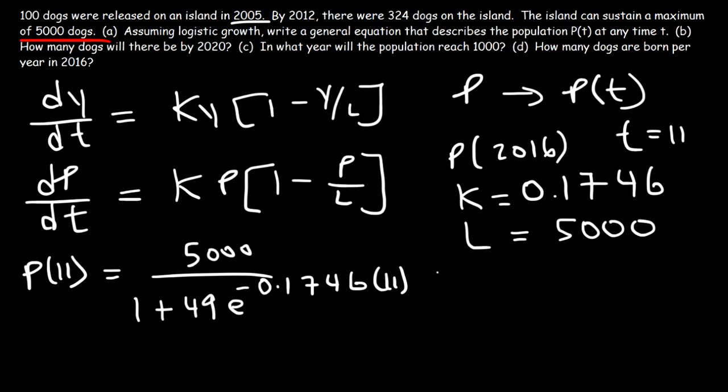And then E raised to that number is 0.14652 times 49 plus 1, that gives you 8.1794. And 5,000 divided by that number is 611. So that is the population in 2016. It's 611 dogs, but I'm going to use 611.3.